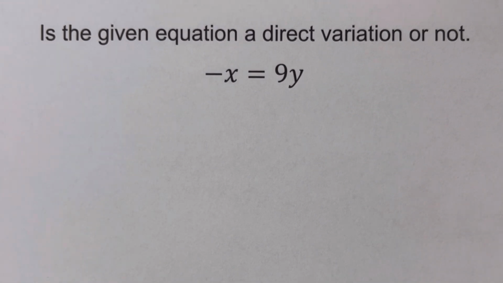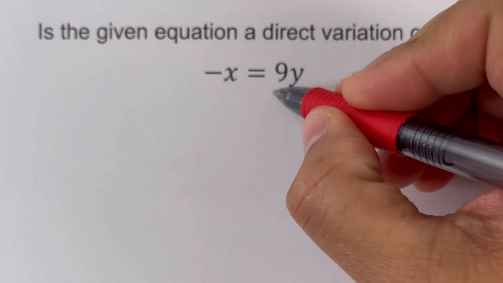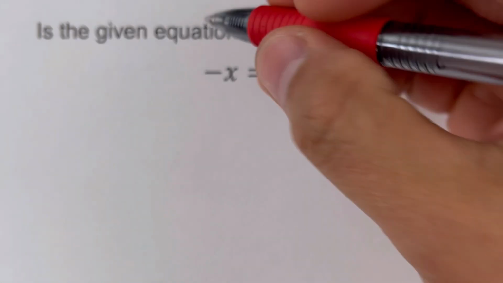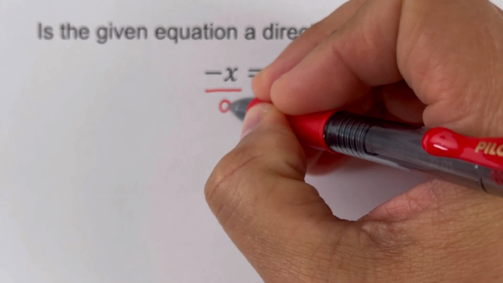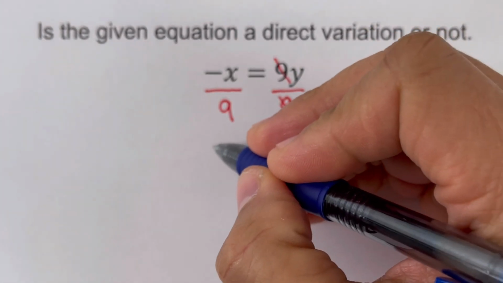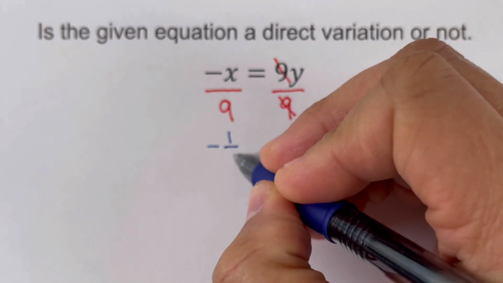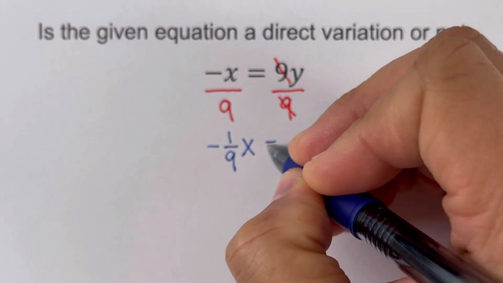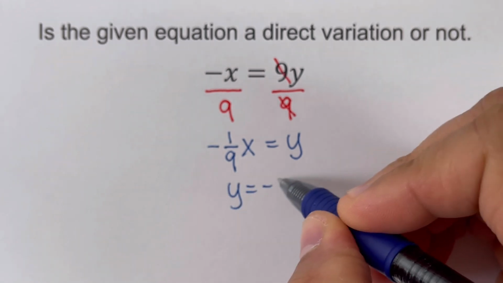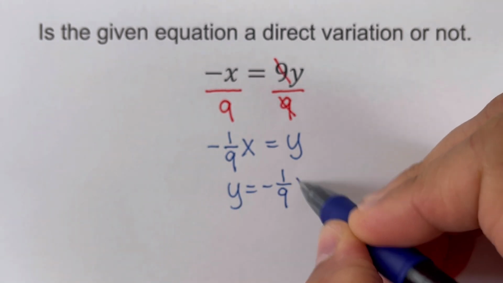Okay, in this example, again, we're supposed to isolate y by itself. We can do that by dividing both sides by 9, since 9 goes with y, and we want y by itself. So I'm going to divide this by 9 as well, so we can cross this out. We are left with negative 1 over 9x equals y, or we can rewrite this as y equals negative 1/9 x.